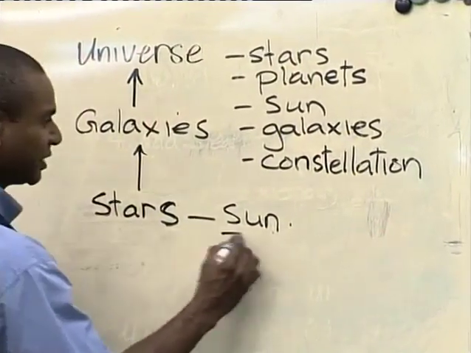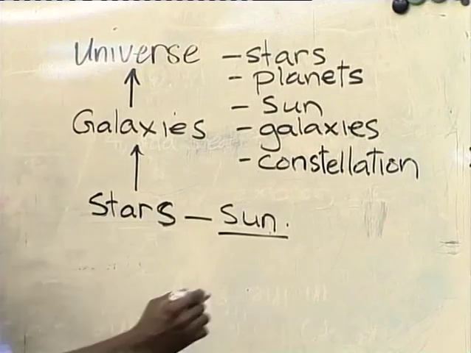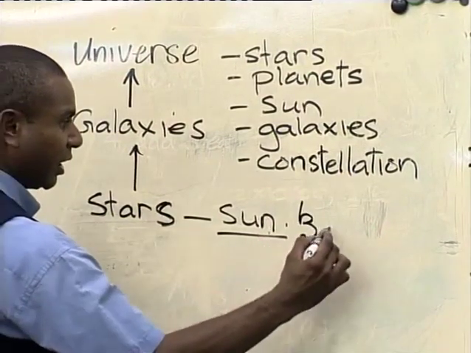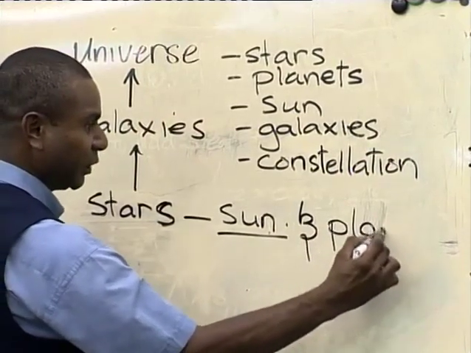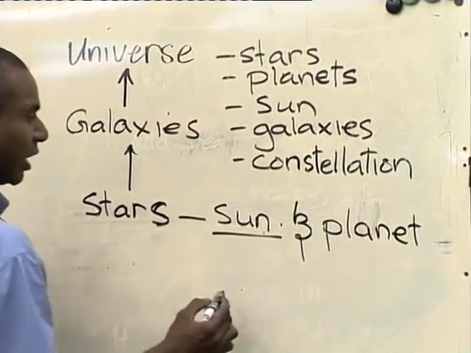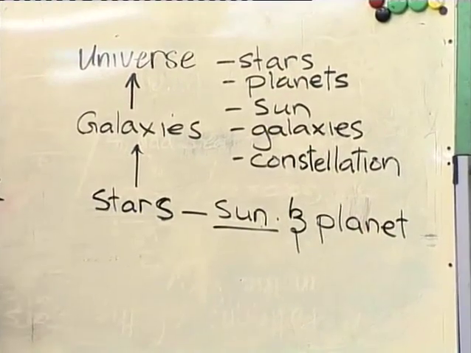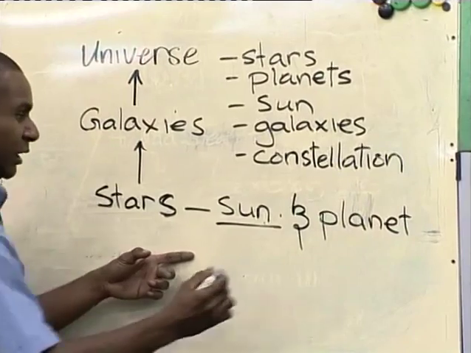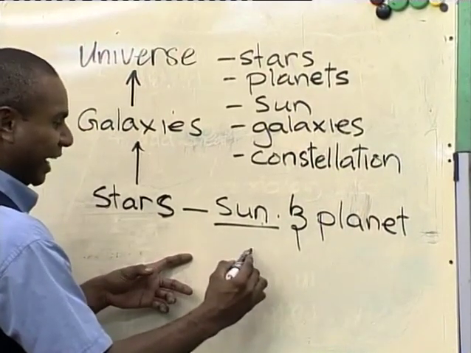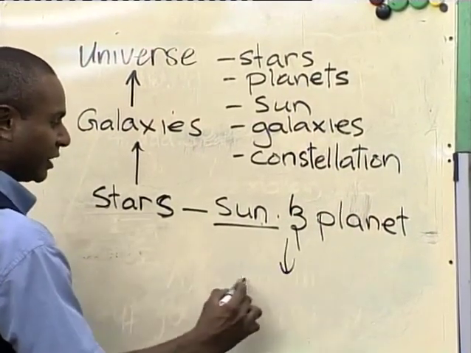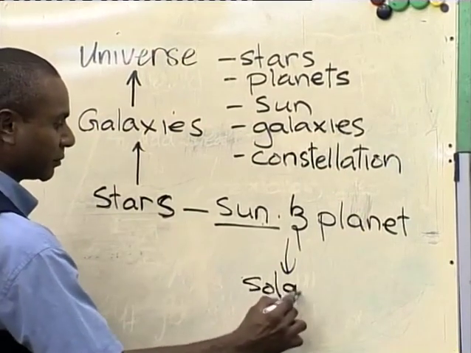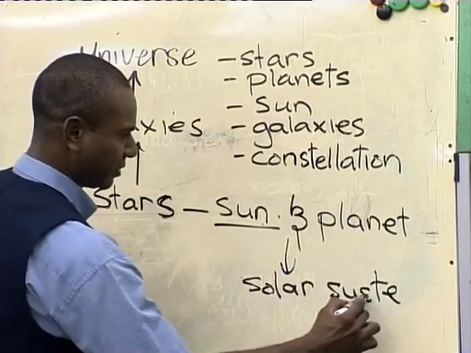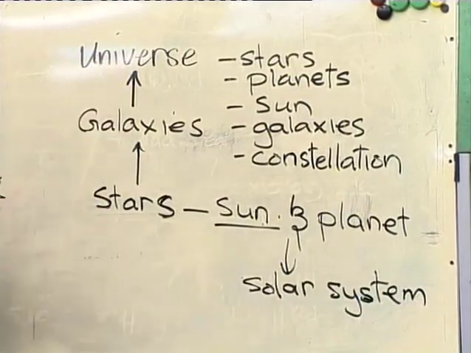Our sun here, we say sun, which is one of the stars, plus the planets that we have are all in one solar system. Our sun and the planets are in one solar system. Very good. In one solar system.